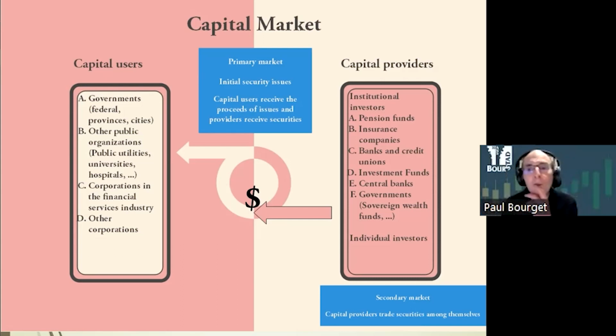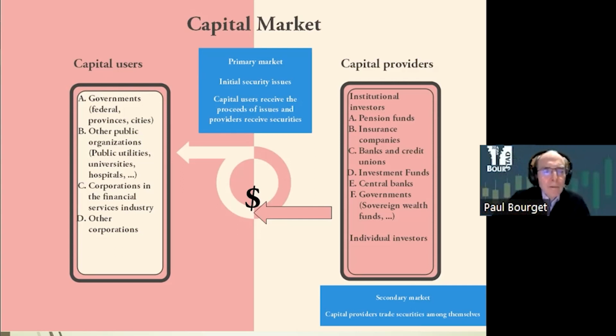Between capital users and capital providers, there must first be a primary market. The primary market is the market on which securities are first issued. When this takes place, the capital users will receive the proceeds of an issue of capital, and the providers will receive the corresponding securities.